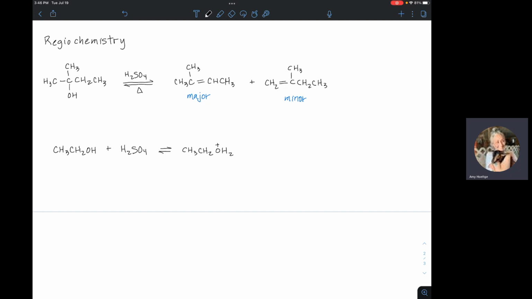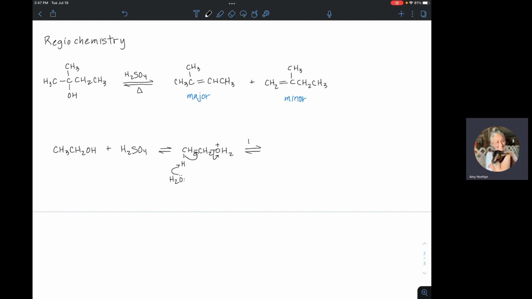And then we'll do a backside attack, right? Let me just actually draw this a little more suggestively. I'm going to grab that proton with the base, water or the conjugate base of your acid. These elimination reactions, a little more helpful to draw the bonds in. So we're going to grab that hydrogen. These are going to come up, form a double bond here, and water gets kicked off.